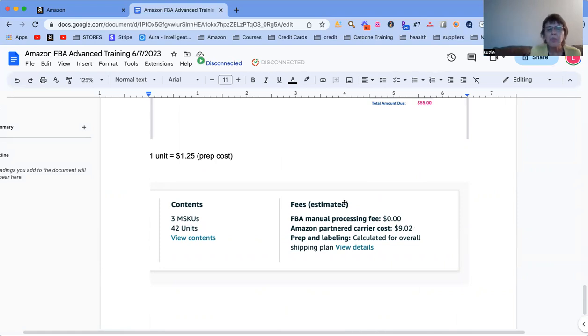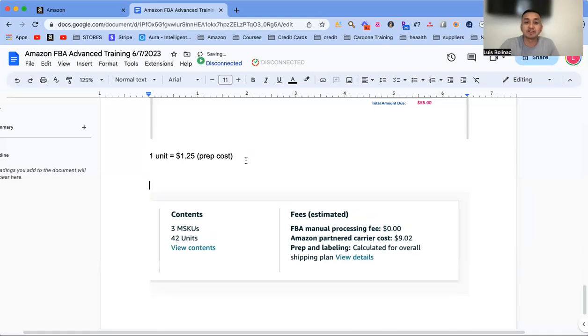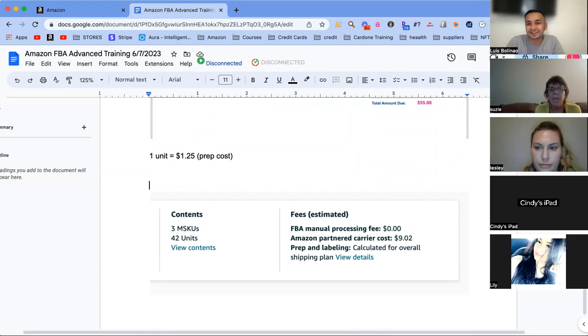So this one is your Amazon shipping fee, which is the fee that you pay for the prep center to ship the products to Amazon. Does it make sense, you guys?